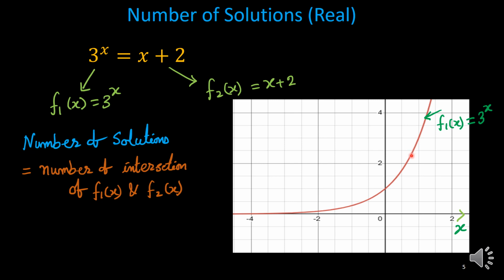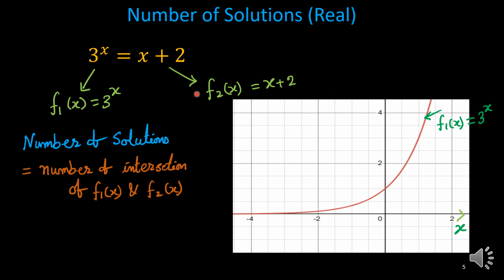It has an even faster rate than e to the power x, because the value of e is 2.7 something. So this is faster than e to the power x. So this is a growing function passing through the point (0, 1), and on this side it is 0. That is very simple to understand.